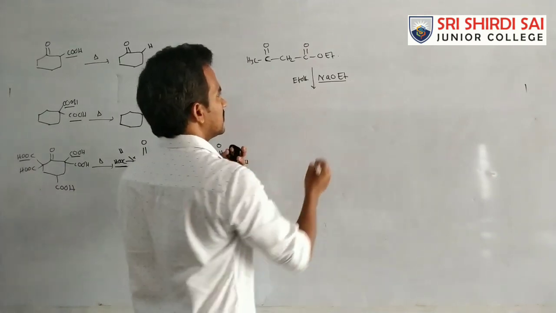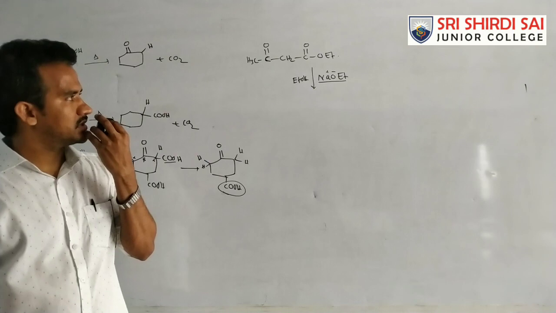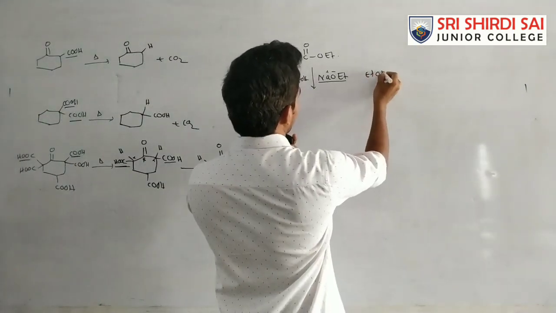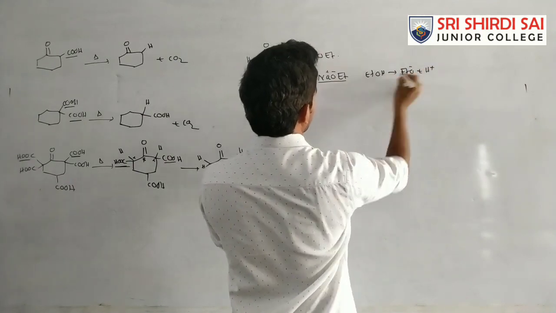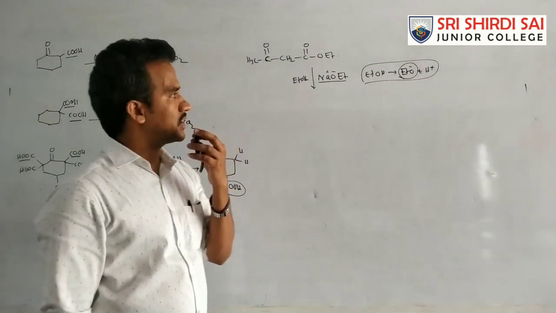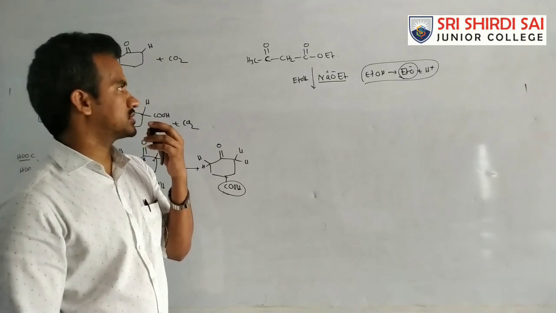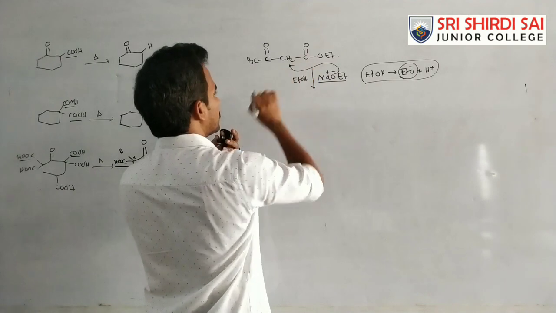NaOEt means Na plus and ethoxide, sodium ethoxide. This ethoxide is a conjugate base. For example, ethyl alcohol gives EtO minus plus H plus. This is a conjugate base. Generally ethyl alcohol is a weak acid, so its conjugate base is a strong base. That strong base, EtO minus, removes the proton from this one.